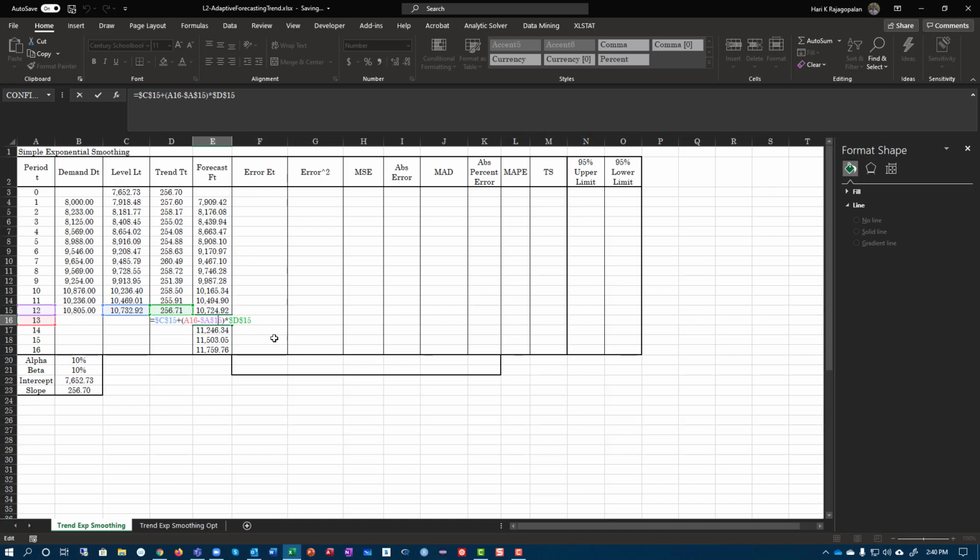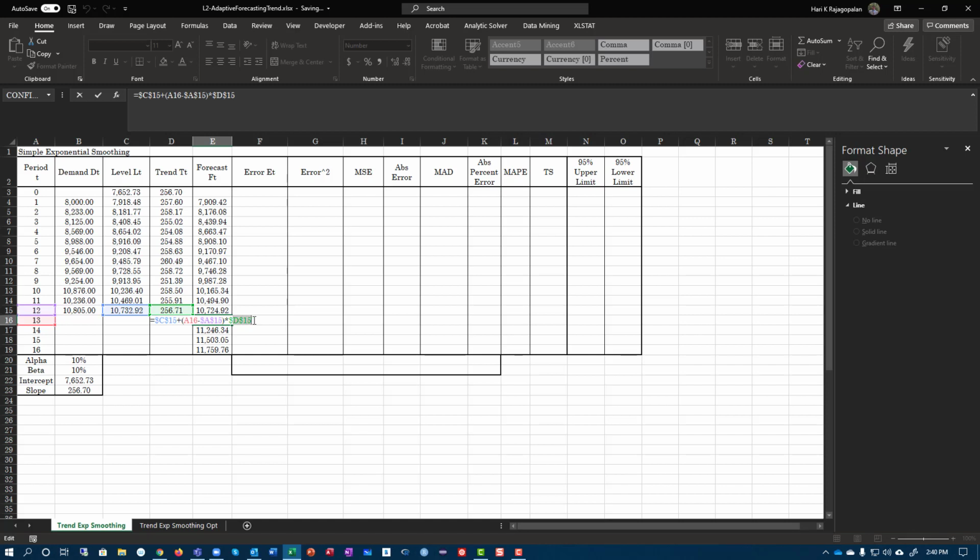You'll notice that until this point, we didn't do anything except previous level plus previous trend. Here we have taken previous level, and we put a dollar sign on it. Then we've taken the current time period and subtracted the last time period which has data, which is 12. But we have put dollar signs, so this doesn't change.